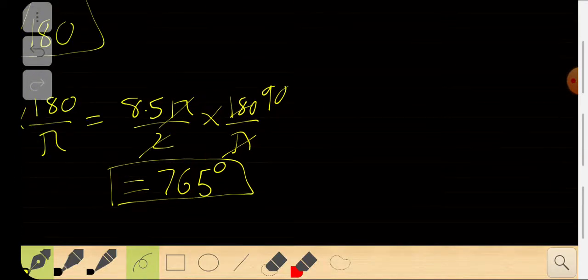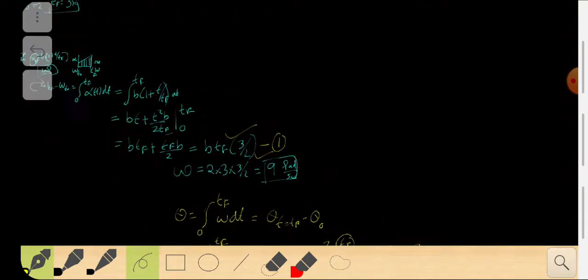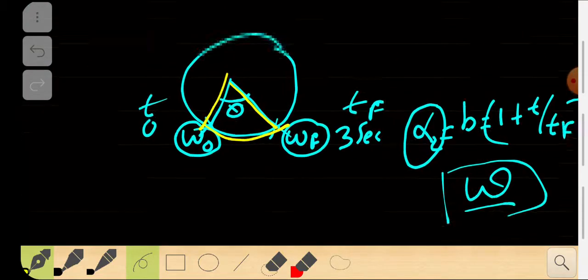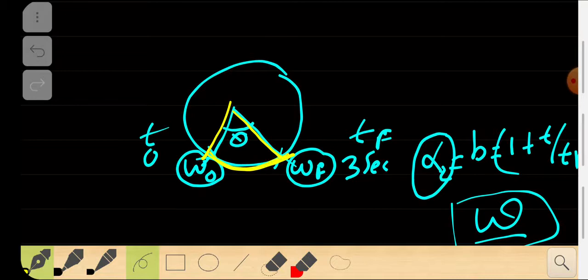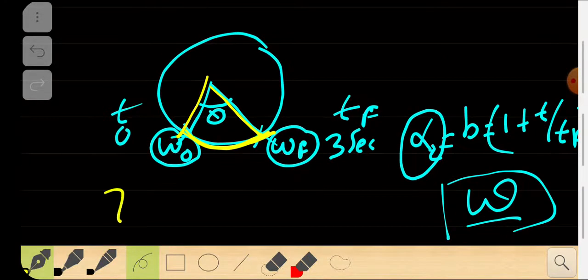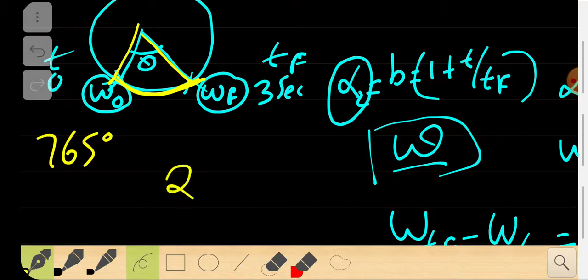So we have actually drawn this theta to be this symbol, right? This was the angle we had assumed, but this is actually around 765 degrees. That means it will go around 2 times, right?